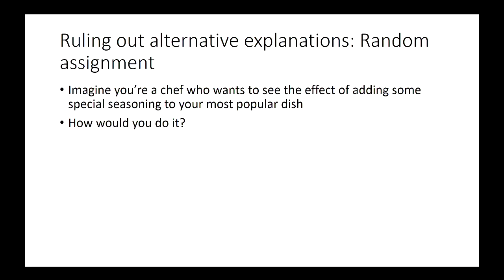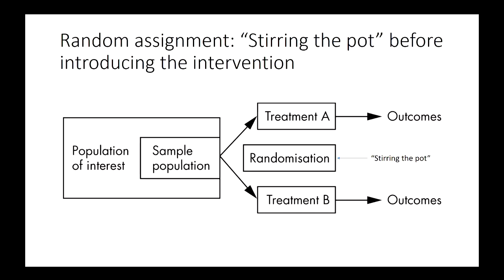That's essentially what scientific researchers do with random samples. That's how they do experiments. So let's say you want to see the effect of one variable.